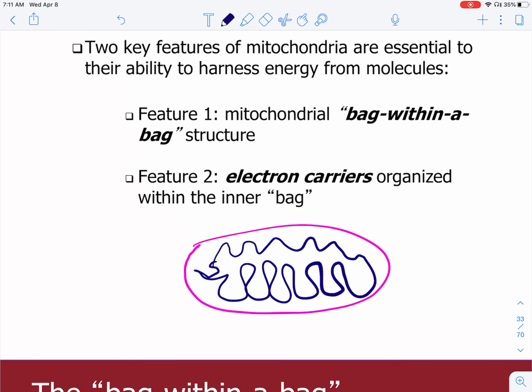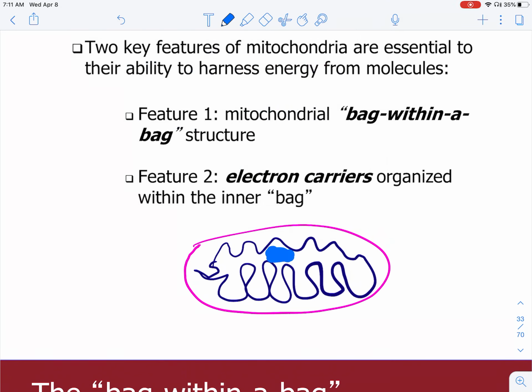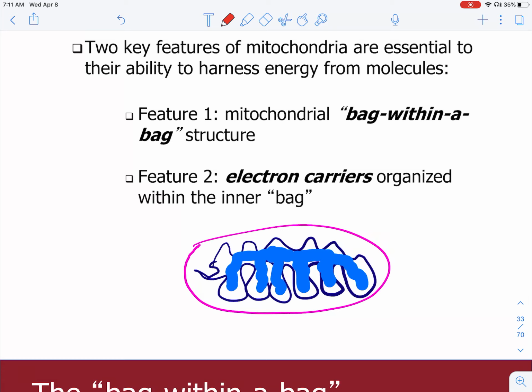Within this is the matrix, and then on the outside, I'll do this pink here, is what is called the intermembrane space of the mitochondria.